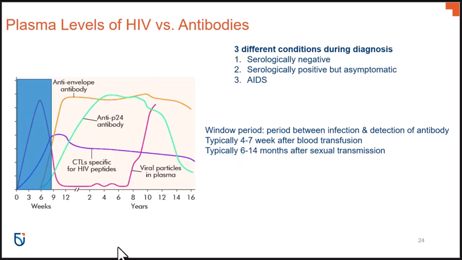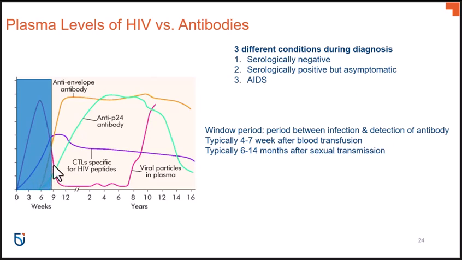Some important features: from week 0 to about 8 or 9, we have this sharp increase in the viral particles that are present, but we don't have antibodies. So serologically, somebody would be negative because we're looking for the antibodies, and the antibodies are not being produced until later. They have the condition, but it's showing up as negative.